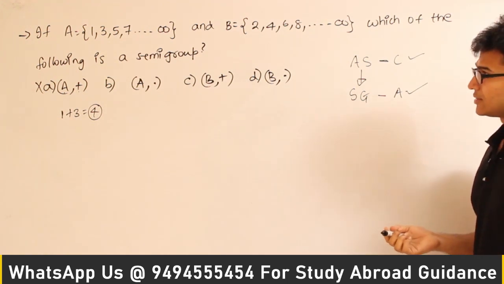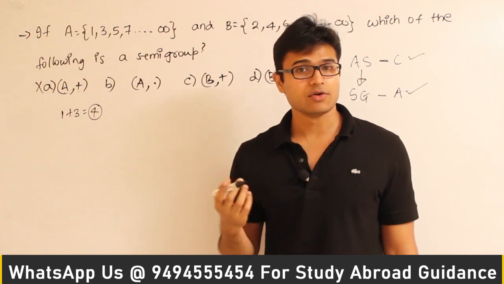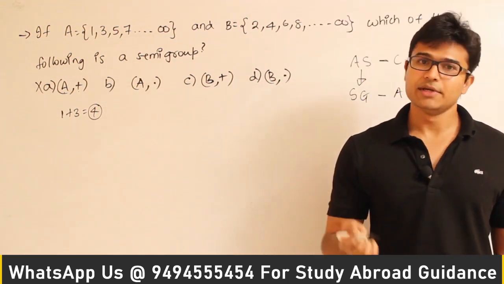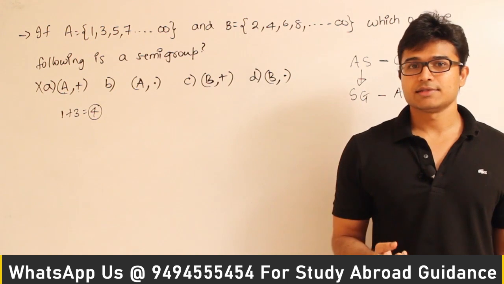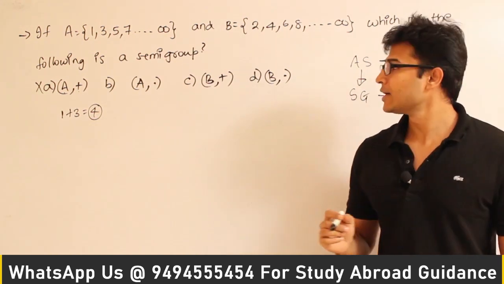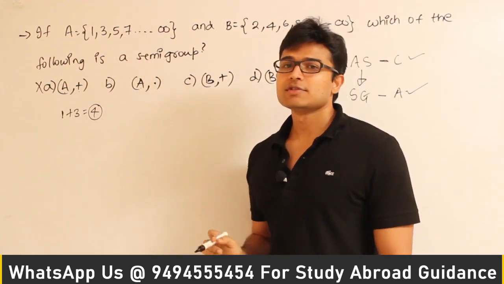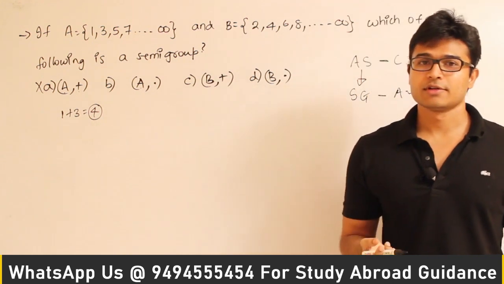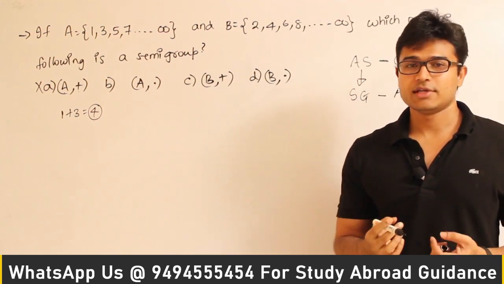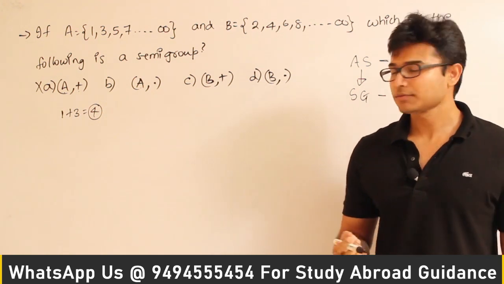Now let's look at the second example. A comma dot. Here dot means multiplication. How do you know that it is multiplication? It will be given, don't worry about it. Plus and everything will be explained, but here, for simplicity, I didn't write it. Now over the set of all odd numbers, what can you say about multiplication? Is it closed? If you take two odd numbers and multiply them, the result is going to be odd, isn't it?